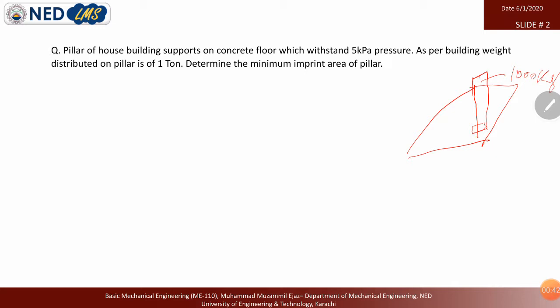Pillar of the house building supports on a concrete floor which withstands 5 kilopascal pressure. In the live session, a student asked me how the force is converted into pressure when we apply the force. I told that on solid surfaces it produces an opposite and equal reaction.